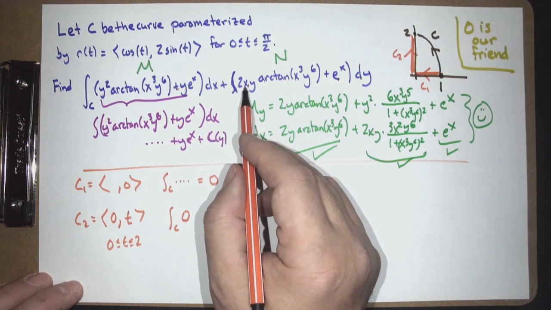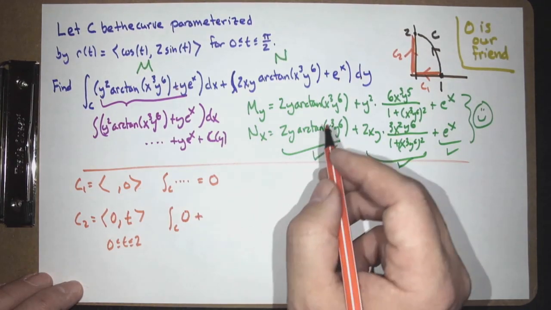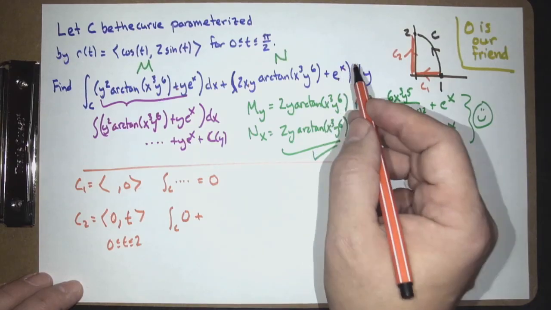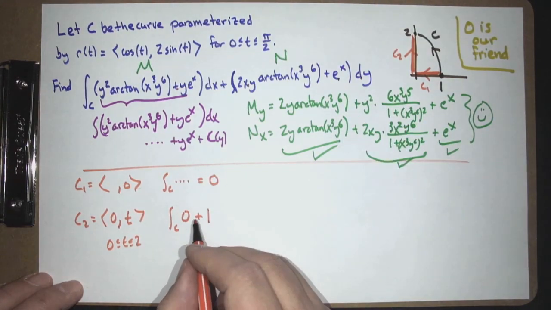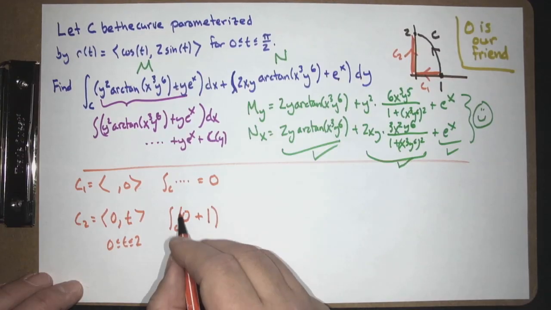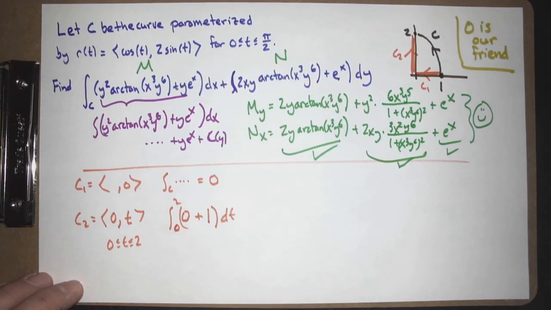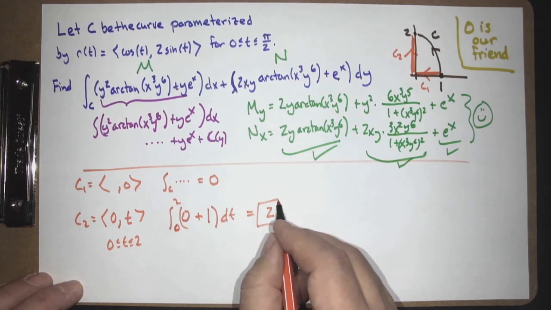Here, there's an x. So that goes away. So what don't we have? Well, we have this e to the x, but what is e to the x? 1. And what is dy? It's just 1, so it's dt. So this becomes the integral from 0 to 2 of 1, which is 2.